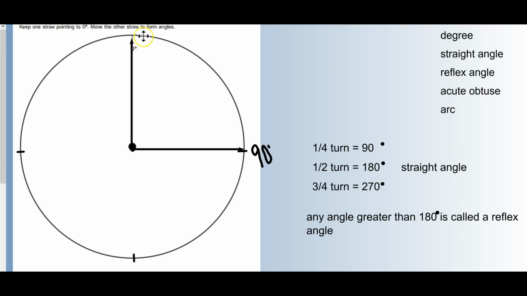Now, let's think about going halfway around the circle. Halfway around my circle, this point would be 180 degrees.